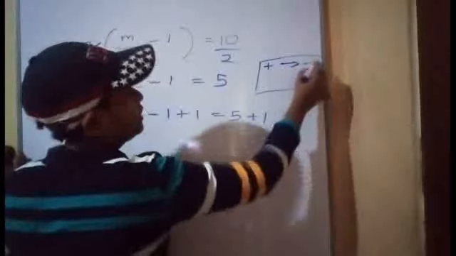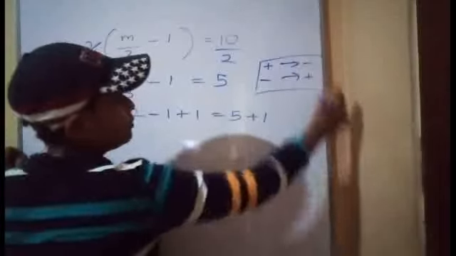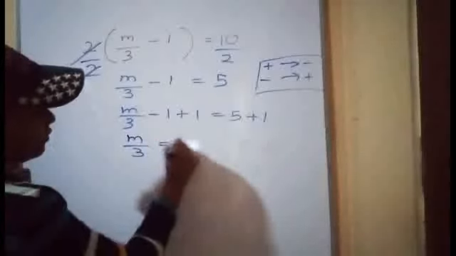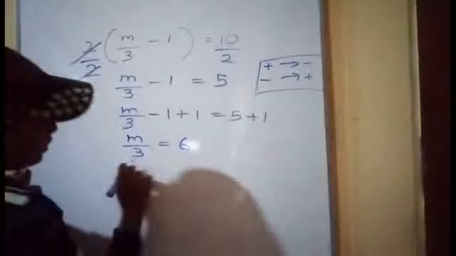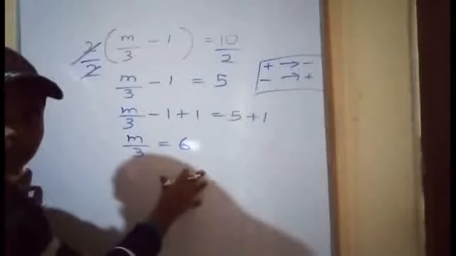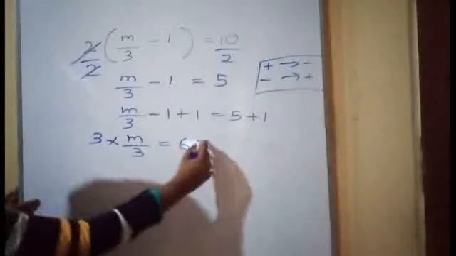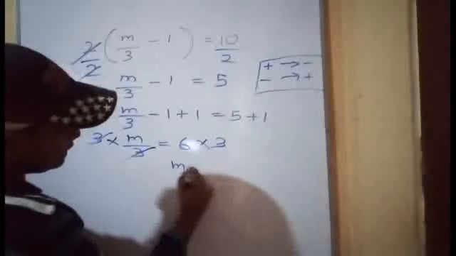If the equation has subtract 1, we do adding the constant value on both sides. So now we have m divided by 3 equals 6. Now what are we going to do? They have 3, so both sides multiply by 3. Now m is 18.